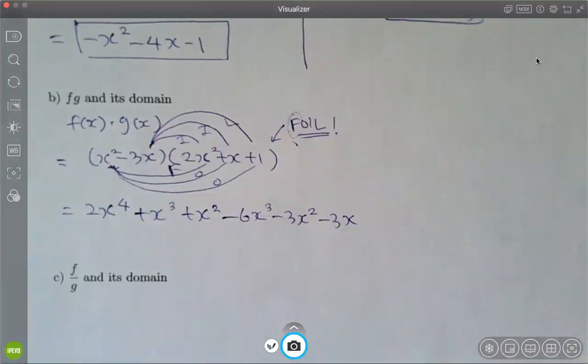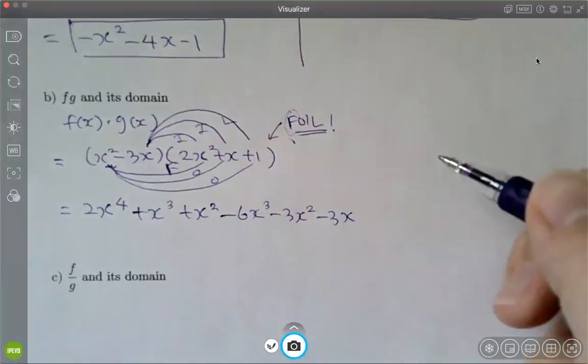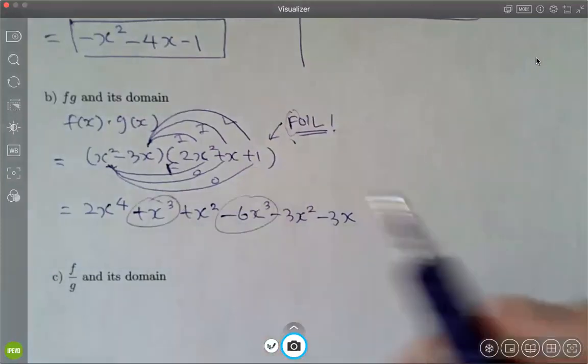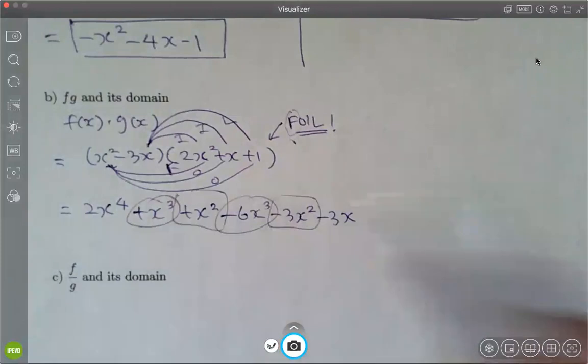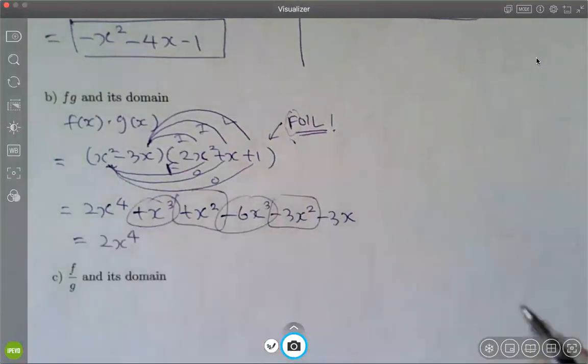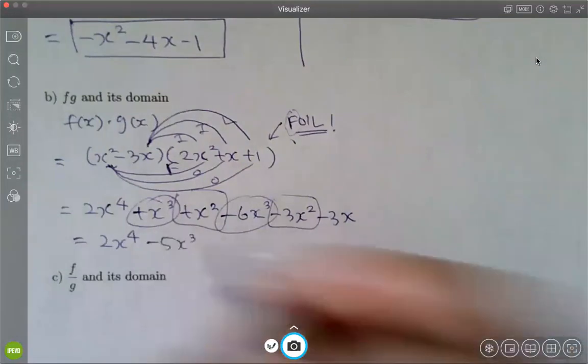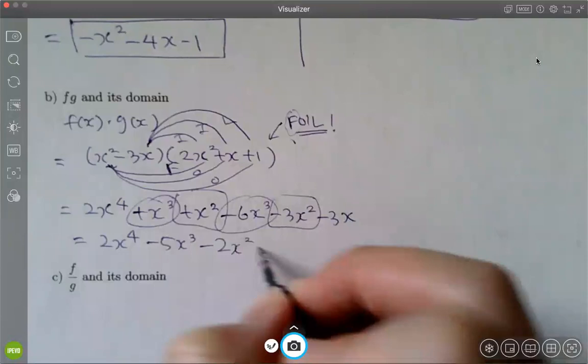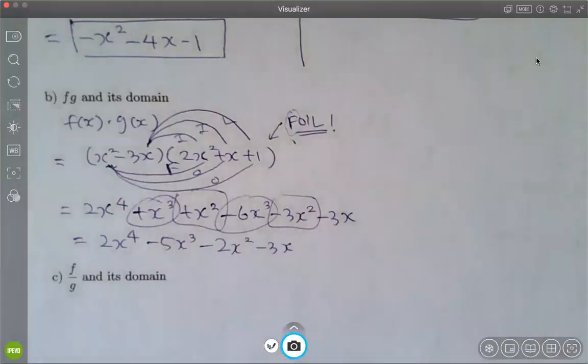Okay, so now like terms. Let's see, we have these two like terms, these two like terms. So what's the answer? 2x to the 4th minus 5x cubed minus 2x squared minus 3x, right? Okay.